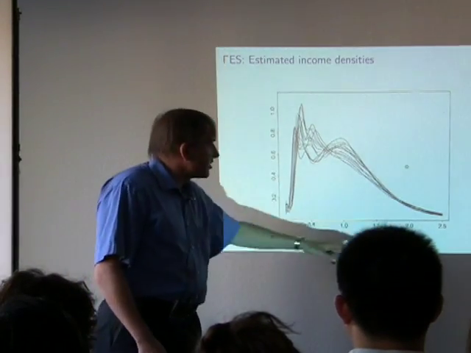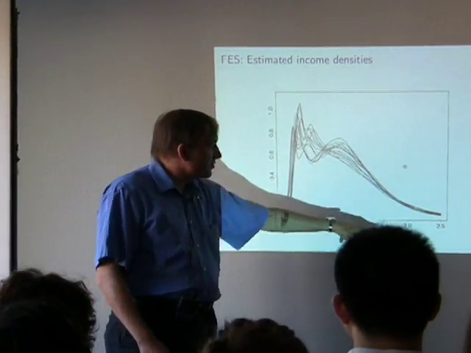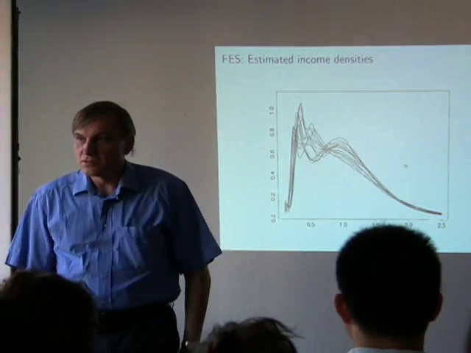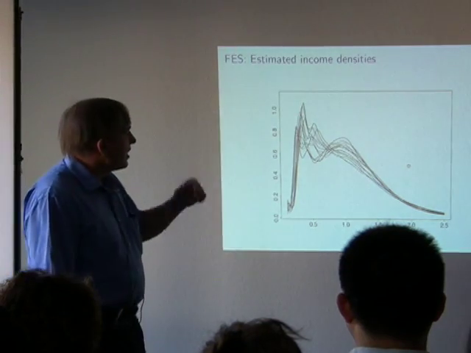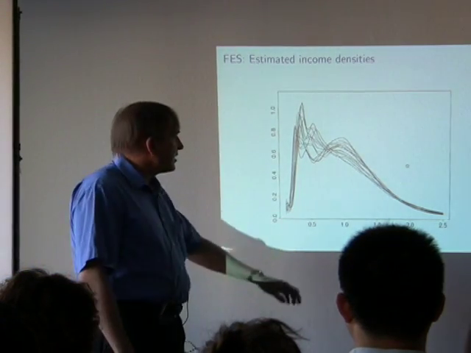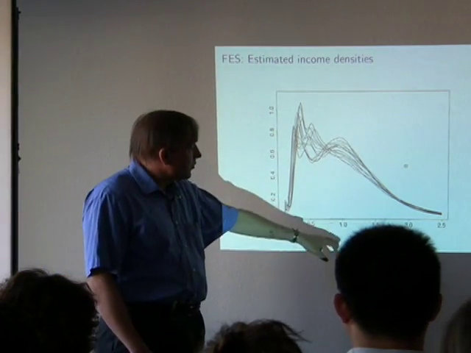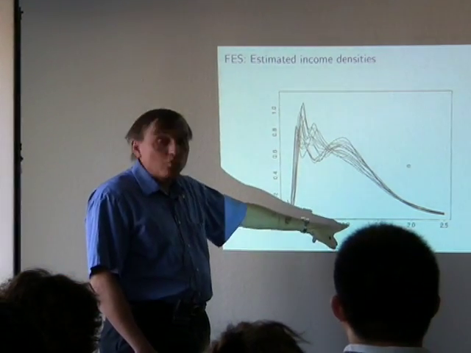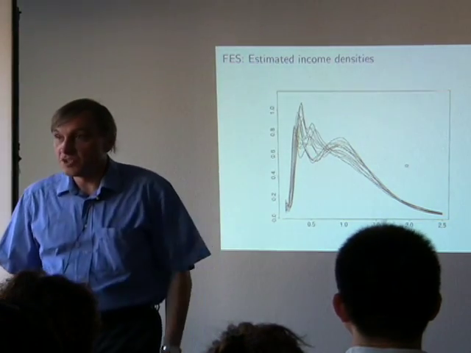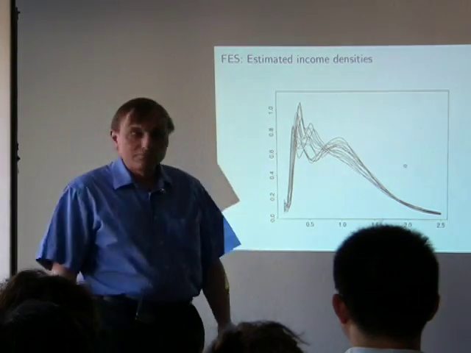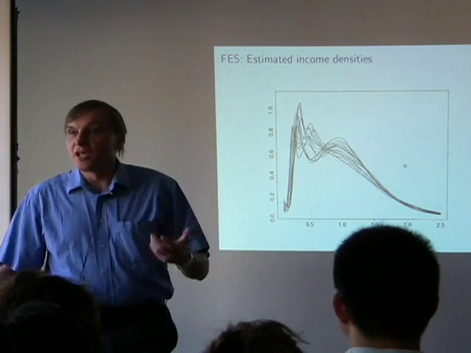Just to see a little bit of scale, you see here the scaling is 0, 1, 1.5. We use what is called mean scaled income densities. That means for each year the incomes are divided by the mean income, and so someone with income equal to 1 will have just the mean income in the specific year, and 2 is twice the mean income, and 0.5 is half.